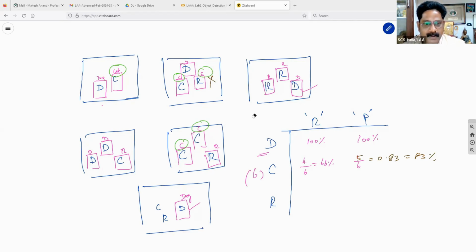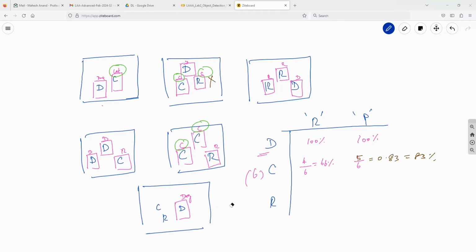Because many people, particularly in object detection, simply talk in terms of precision and recall, but they don't have clarity of how this is actually calculated for object detection.